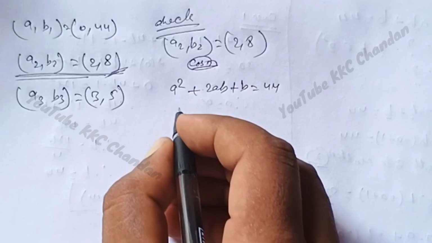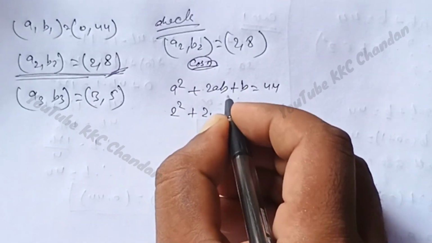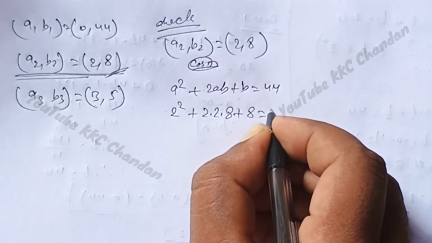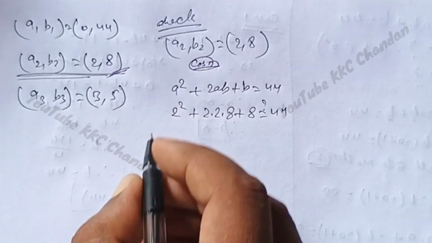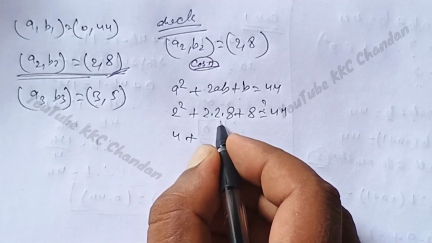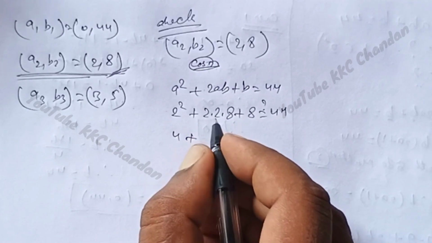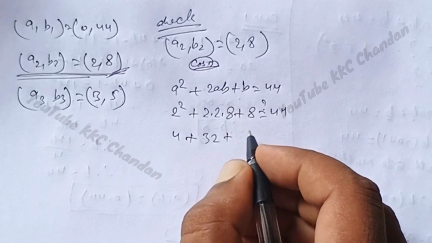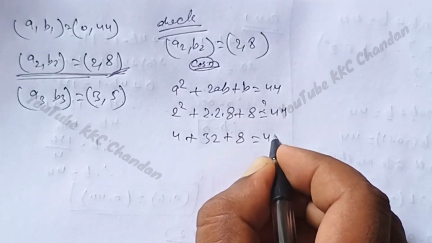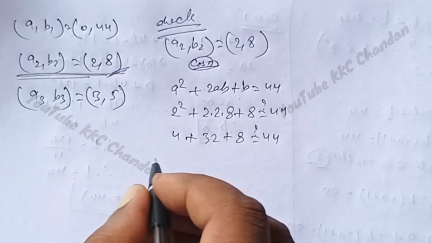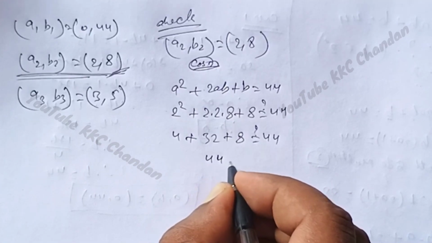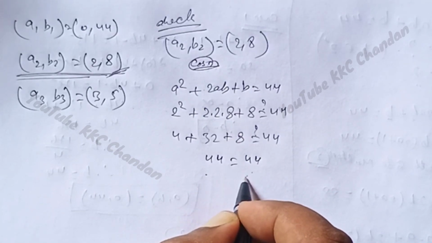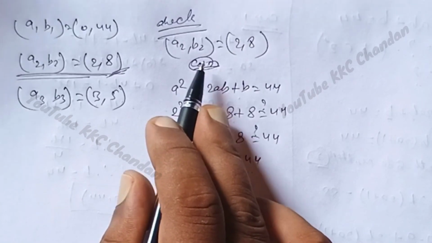Here a square means 2 square, plus 2 into a value 2, b value 8, plus b value 8, is equal to 44? 2 square is 4, plus 2 into 2 is 4, into 8 is 32, plus 8. All are added, 44 is equal to 44. LHS and RHS are both equal, which means case number 2 is the correct answer.